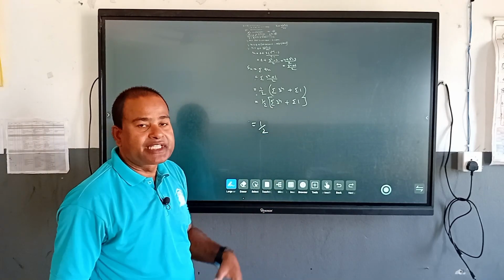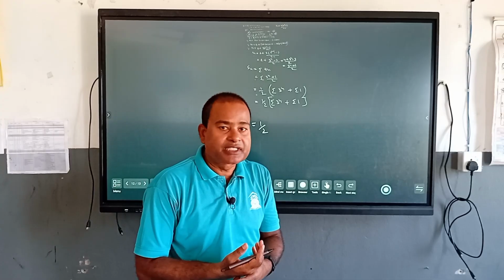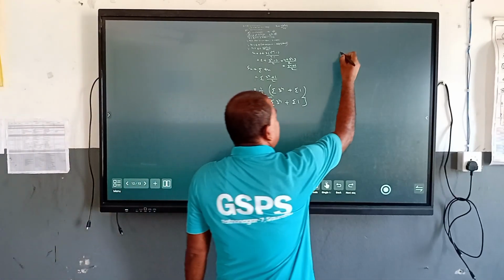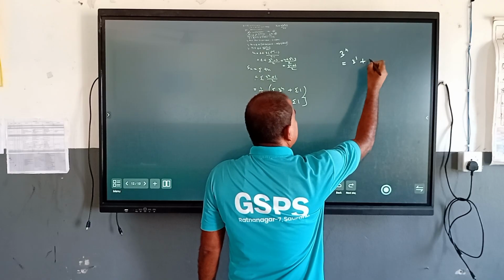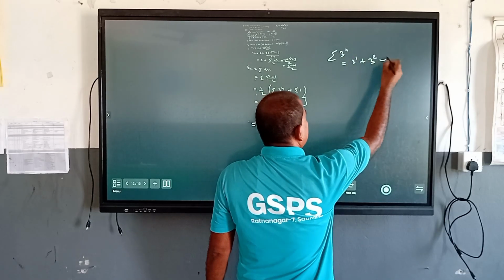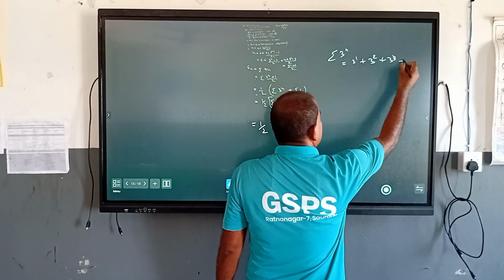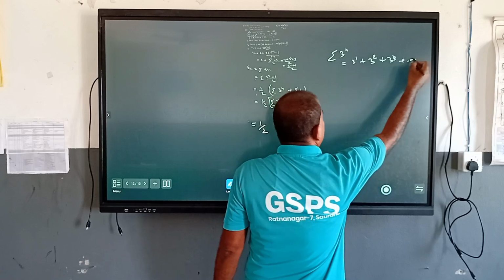Now 3 power n is again a geometric series: 3 power 1 plus 3 power 2, 3 power 3, up to 3 power n.